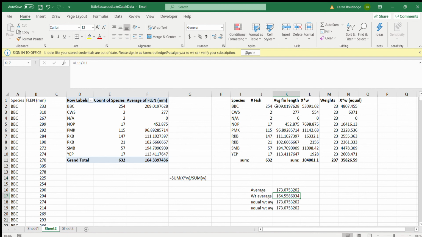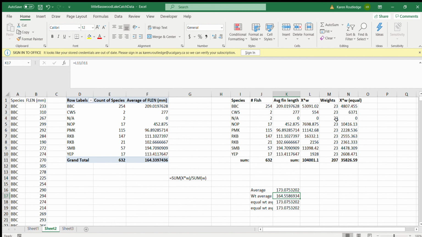The contribution, the x times w, is rather large. So this is driving the overall average up, but then we have some values that are driving the average down more. And overall, it seems like these smaller fish are driving down the average compared to an equally weighted mean. Anyway, hopefully that explained some things about weighted means.